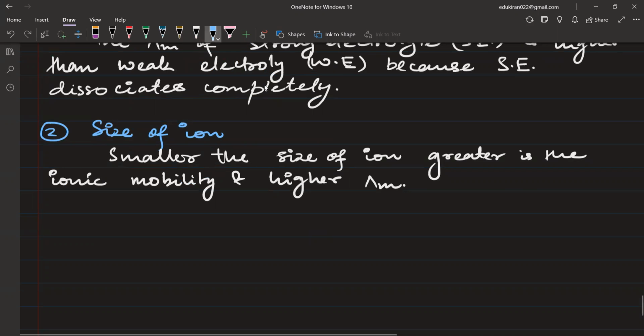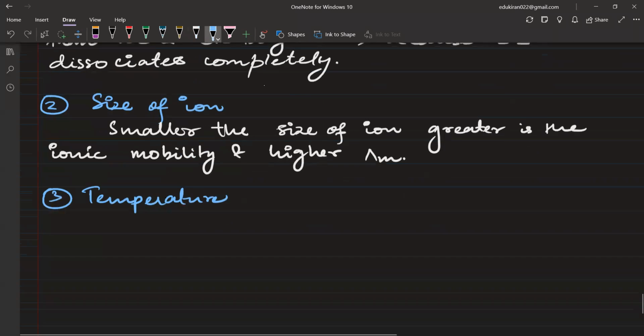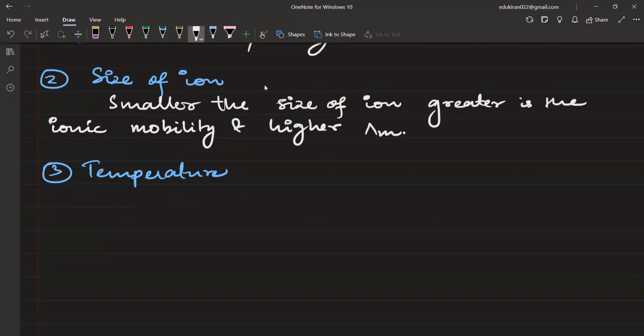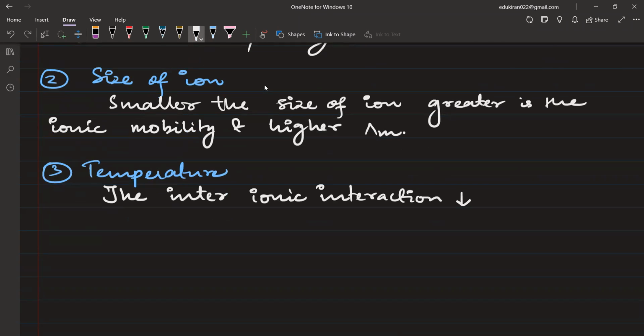Third point, temperature. The interionic interaction decreases with increase in temperature.